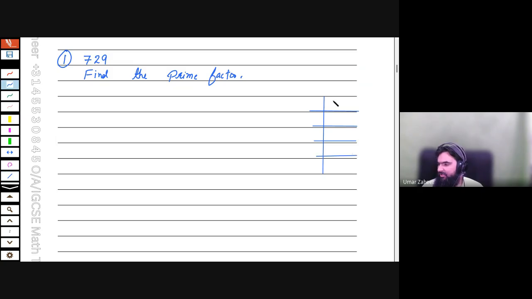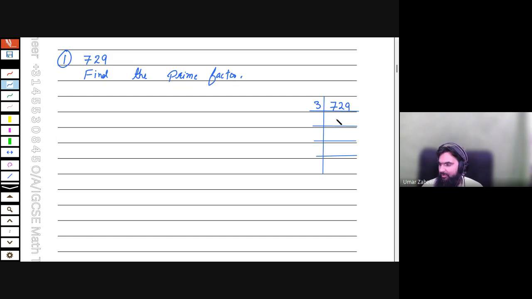We have 729. We look for whether 729 is divisible by the smallest prime number. The smallest prime number is 2. 729 is not divisible by 2, so you go for the next prime number, that is 3.